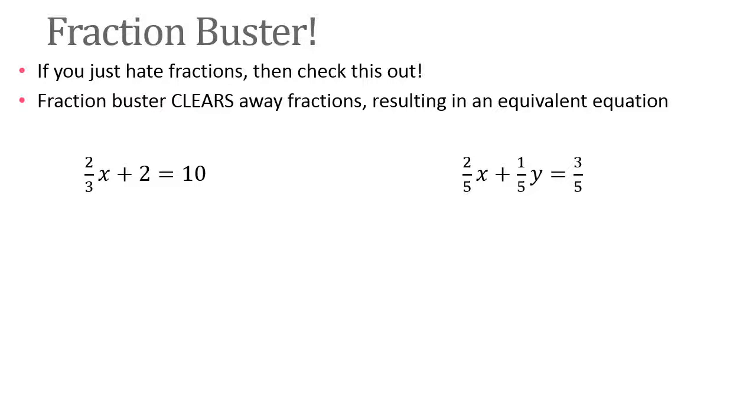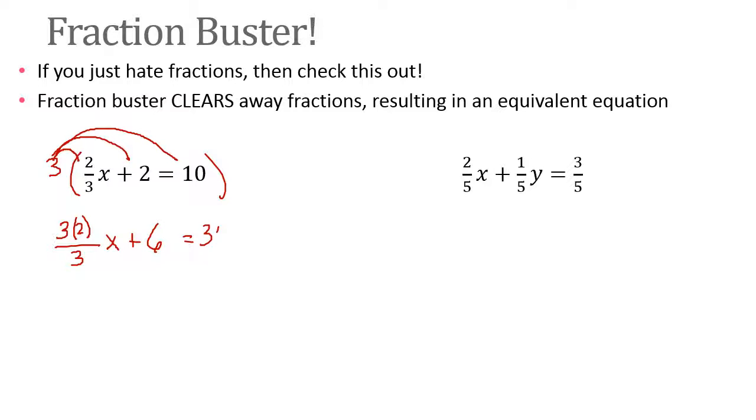If we look at this first one, we have 2/3 x plus 2 is equal to 10. We can multiply everything in our equation by the denominator of our fraction, and we'll see something nice happen. If we multiply the whole thing by 3 and distribute, we get 3 times 2/3 x plus 3 times 2, which is 6, is equal to 3 times 10, which is 30.